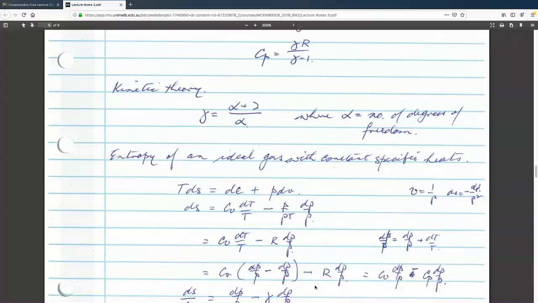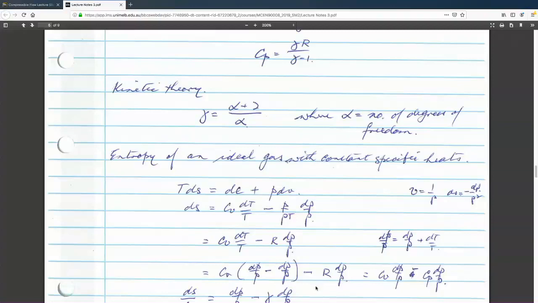So you have log of P is equal to the log of rho plus the log of R plus the log of T. Now differentiate that. And if you differentiate the logarithm, you'll have dP over P is equal to d rho over rho, differentiate that, you'll get 0, plus dT over T. That's a simple way to get there. If you've done it before, that saves you a lot of time.